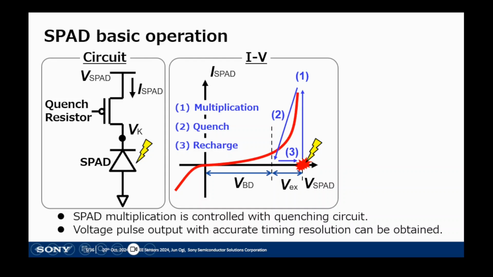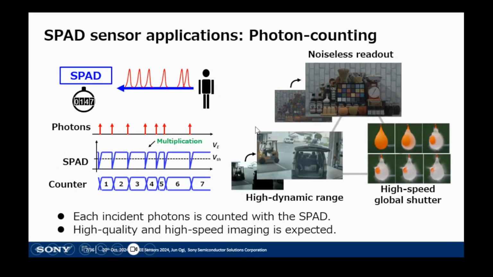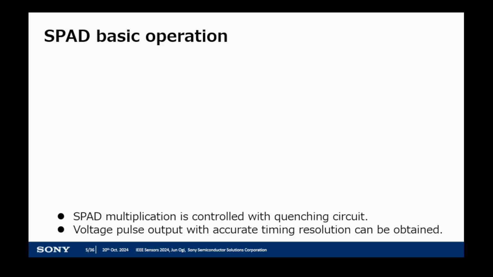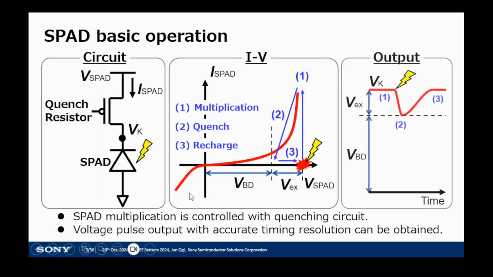This cycle generates a voltage swing at the output node, enabling the detection of a single photon incidence through the voltage pulse detection.